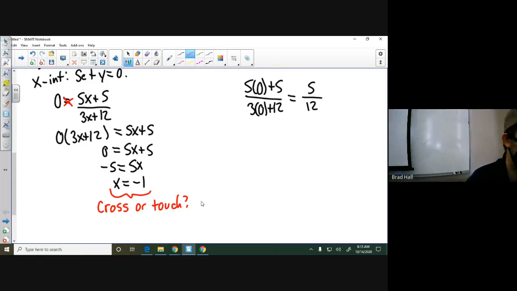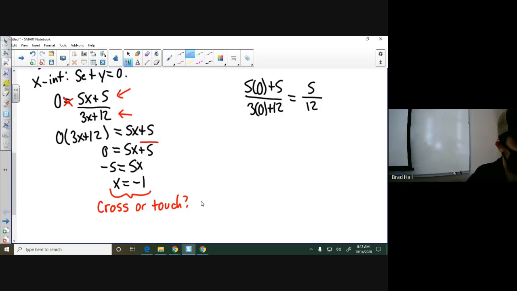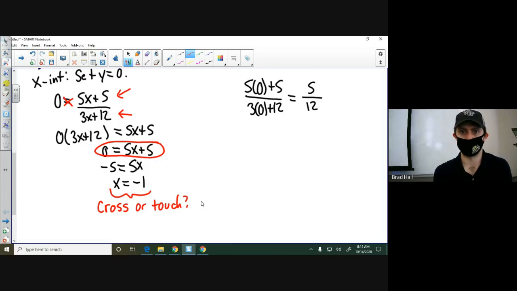So really, this is a factor, the 5x plus 5, and this is a factor, the 3x plus 12. So the question is, where did the -1 come from? The numerator factor or the denominator factor? And the answer is it comes from the numerator one, because notice what we solved for to figure out -1. That is the numerator. We ultimately set the numerator equal to 0.